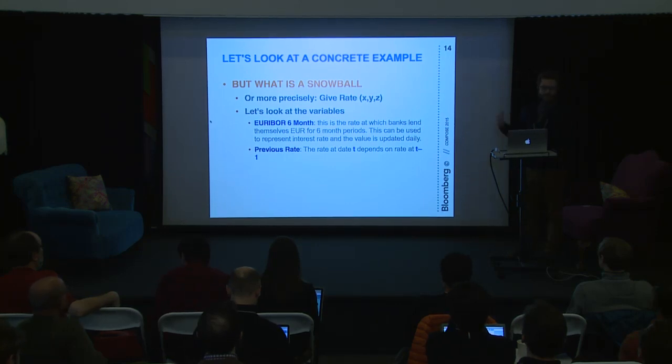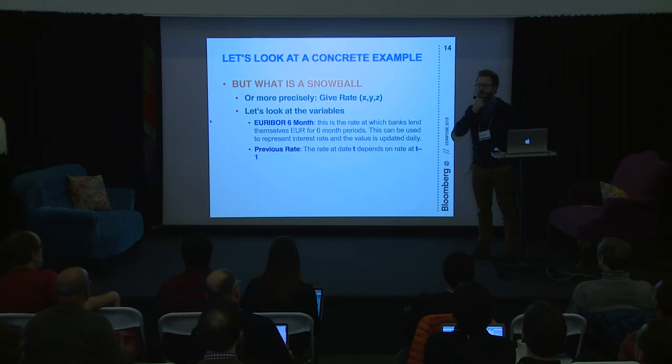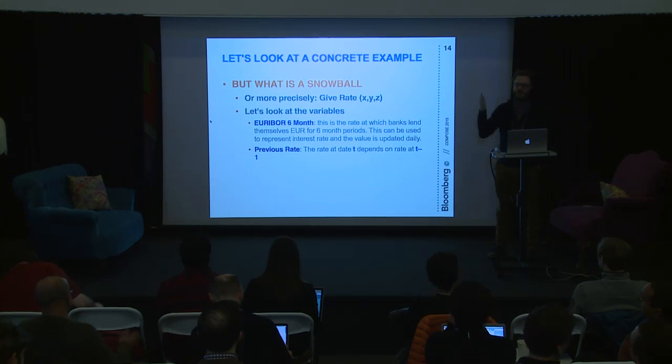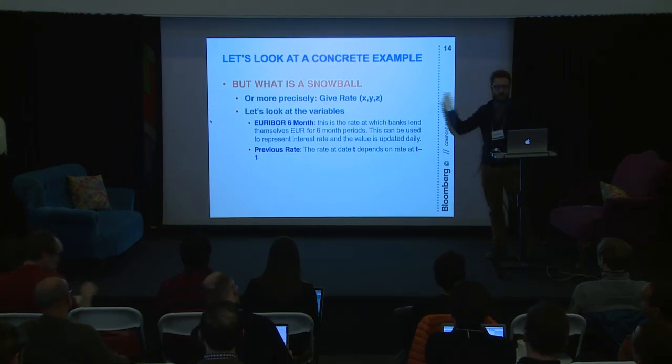So first of all, let's look at the variables, right? There are two variables. The first one is called the Euribor 6 months. That's pretty much the rate at which banks exchange euros. Yes, exactly. That's the rate at which banks exchange money for a 6-month period of time.